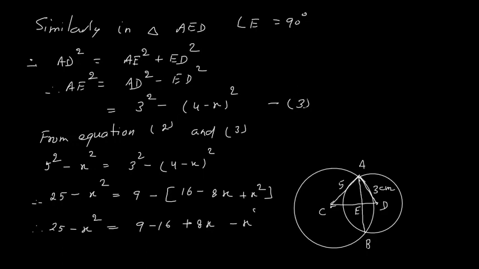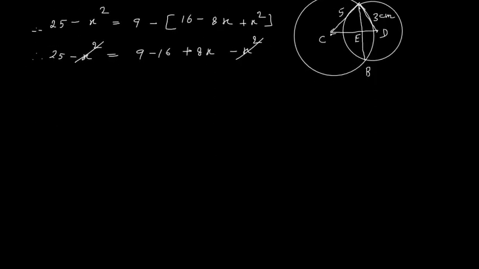Now this X square will cancel, and therefore I have 8X is equal to 25 minus 9 plus 16. That gives 32.